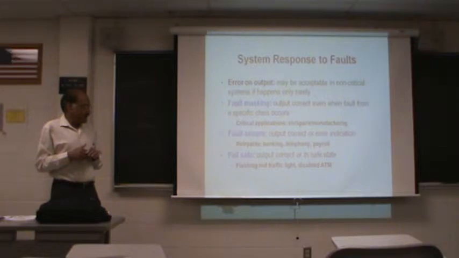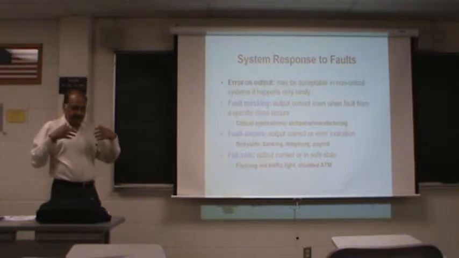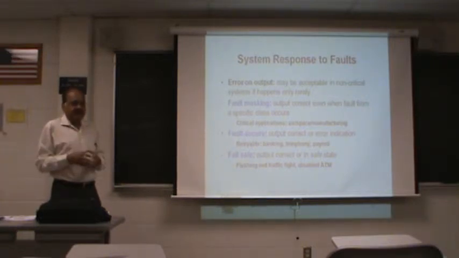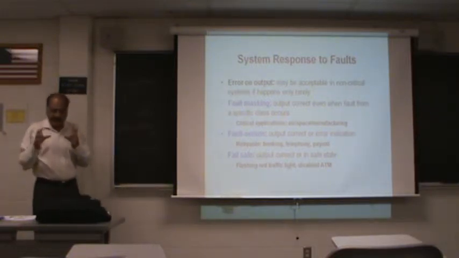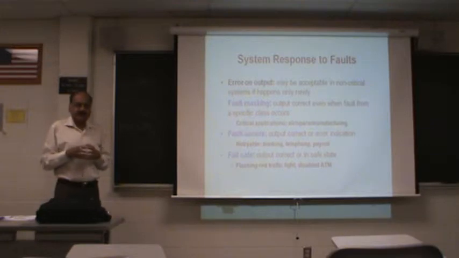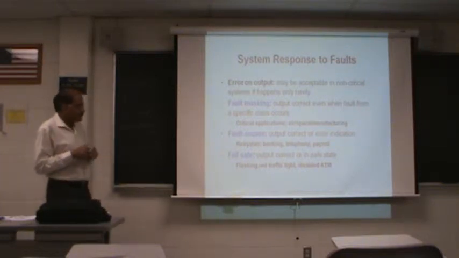For example, let's say you're trying to make a payment through the internet, and if it goes through correctly, it will generate a receipt. And if it has not gone through correctly, it will not generate a receipt, or it will tell you that the transaction did not go through. And fail-safe I have already mentioned.